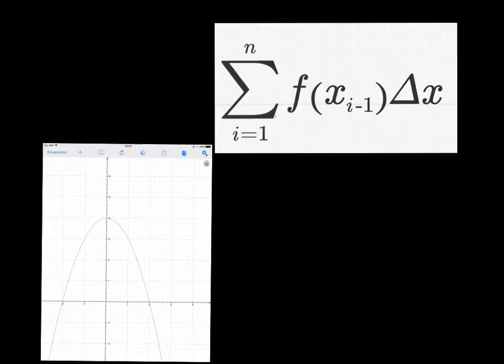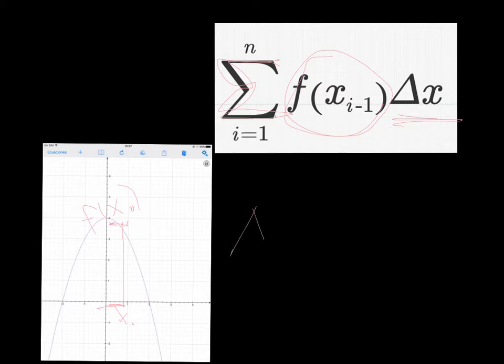And in order to express the sum of those rectangles, he used this symbol, which is the sum of f of x sub i minus 1, which is the height of this rectangle. Let's say this point over here is f of x0, taking x0 as this point, and then times delta x, which is the base of the rectangle.